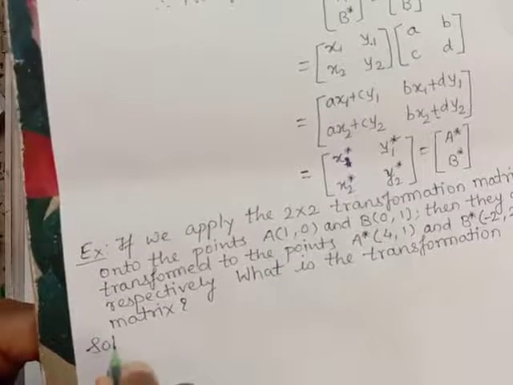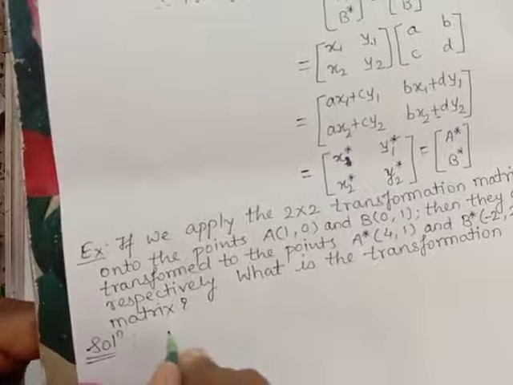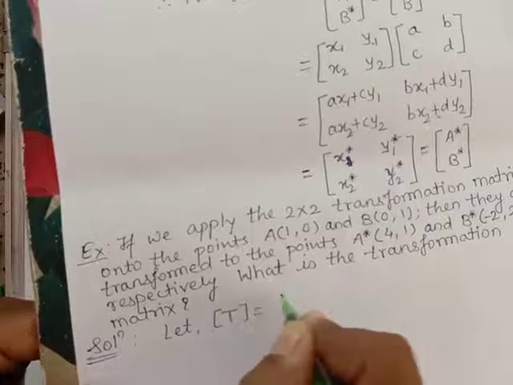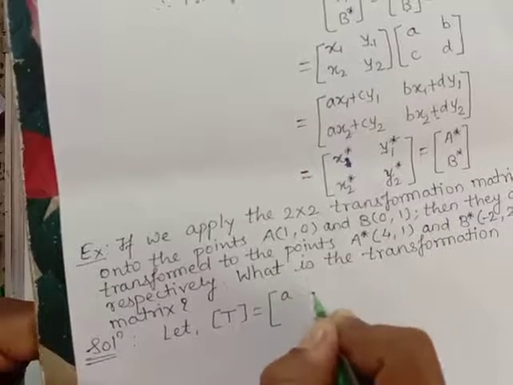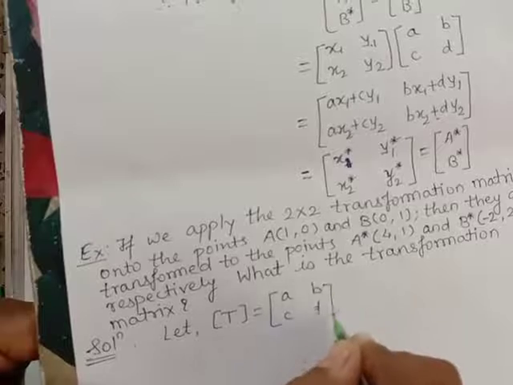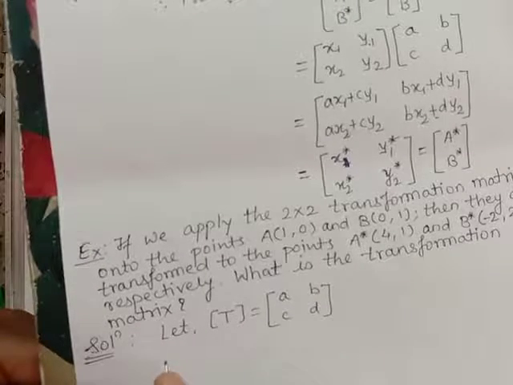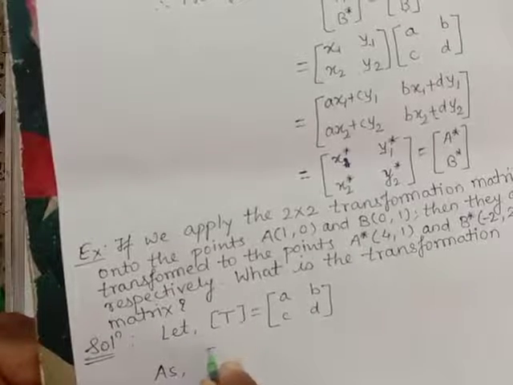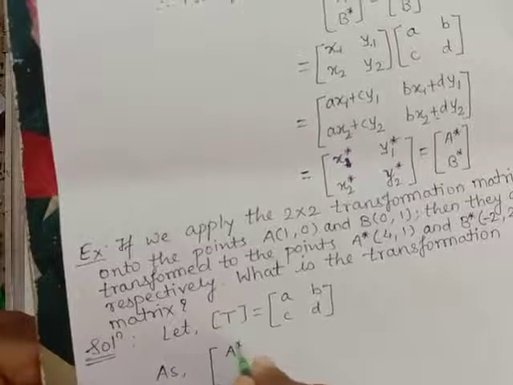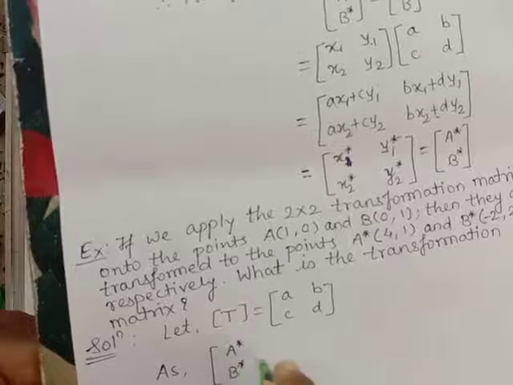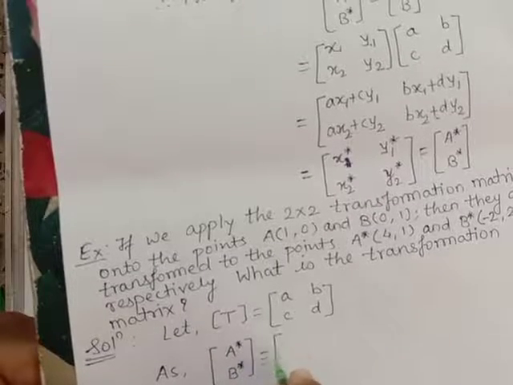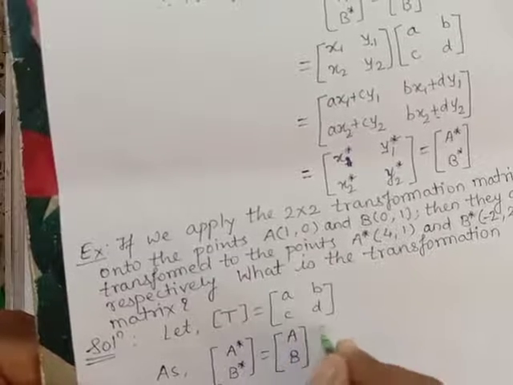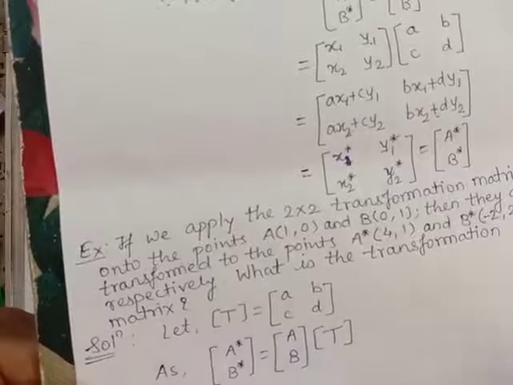Solution: let T be a matrix [a b; c d]. That will be our transformation matrix, right? As A star B star is equal to AB, and we apply T on it.